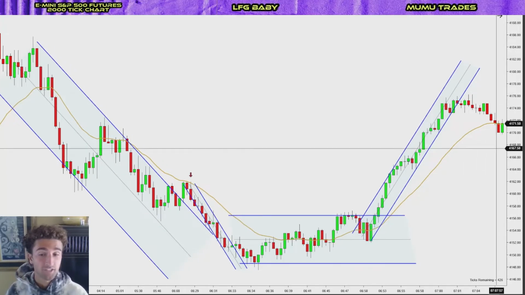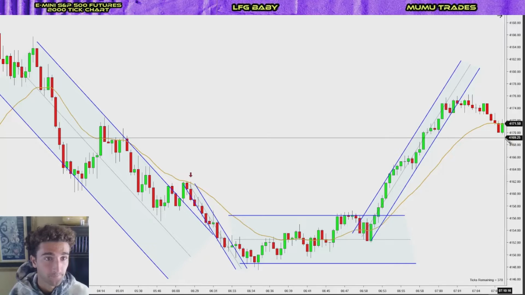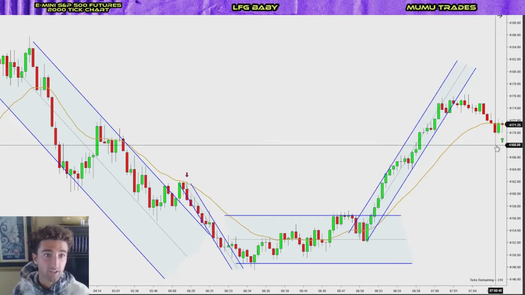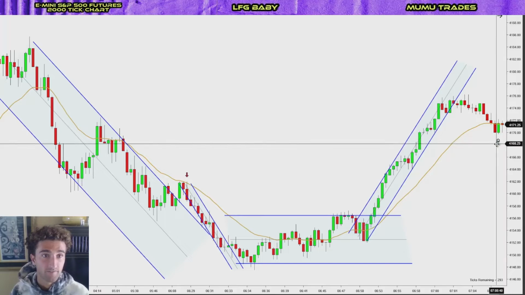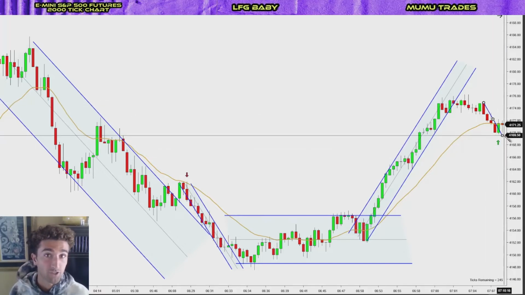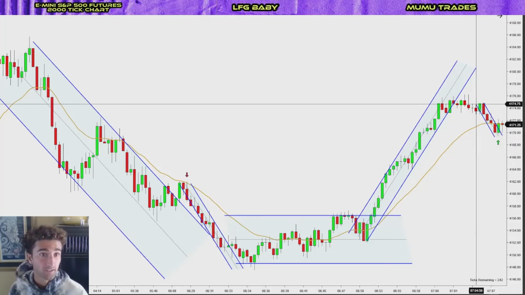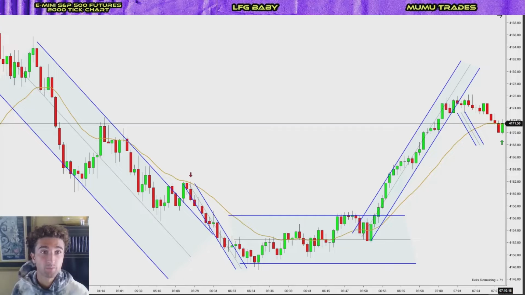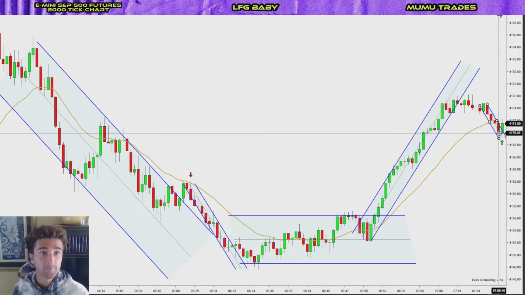And we see that we actually got one right here. Now, this isn't the best trade for a couple of reasons. First of all, there's this short-term downtrend that we still need to respect. Second of all, even though this is a very bullish signal bar, the majority of it is below the EMA.